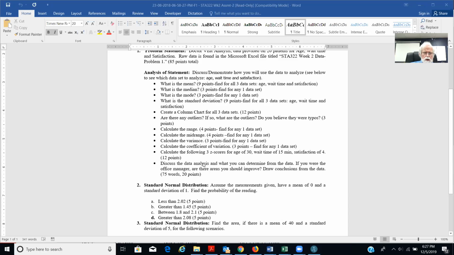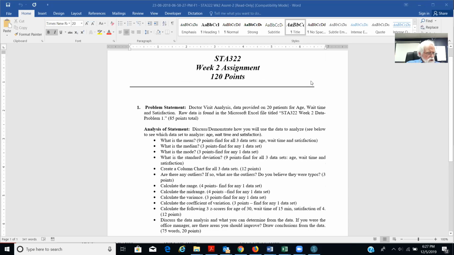What I want to do first is look at some of these parameters. The things we're going to do are mean, median, and mode. We talked about those. Standard deviation. We want to look at range and mid-range, variance and coefficient of variation.